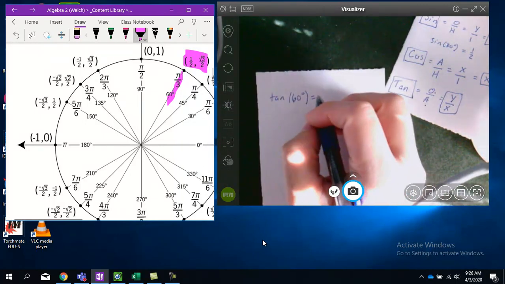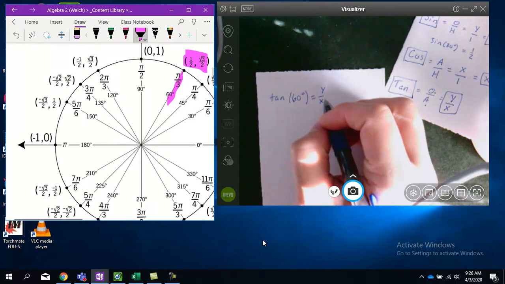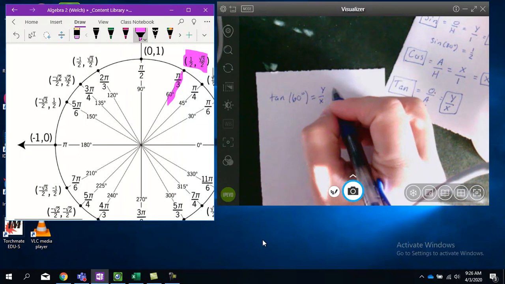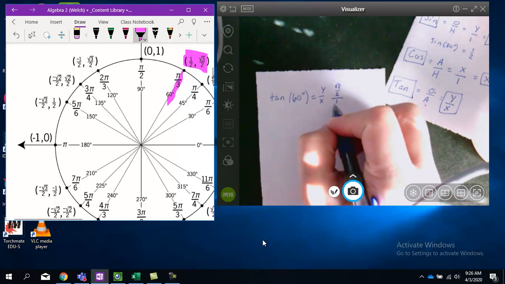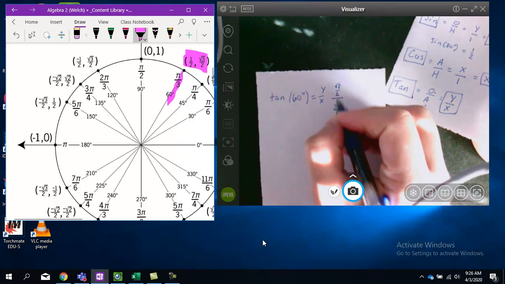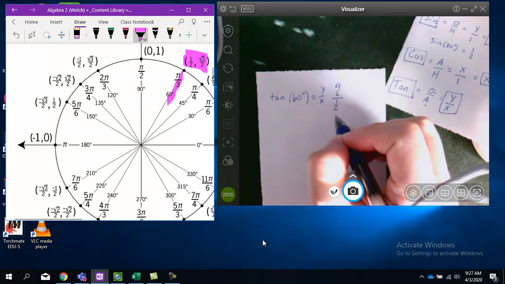But anyway, we have to do the y over the x at 60 degrees. Well, the y value at 60 degrees is root 3 over 2, over the x coordinate, which was 1/2. And so what we're going to do is stack them like this. Now, guys, we can't leave a stacked fraction like this.